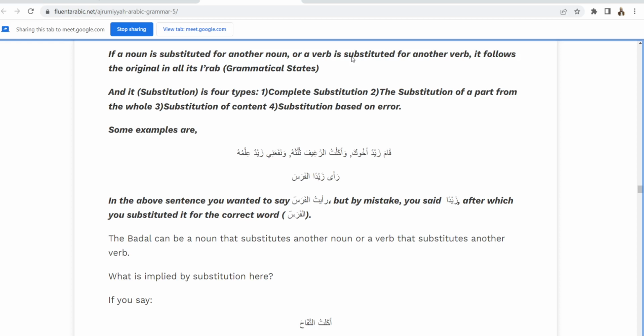Number two, أكلت الرغيف ثلثه. Now this is the second type, which is part from all. I ate the bread, ثلثه, one third of it. So this is a partial substitute. Number three. Raghif, is that bread?